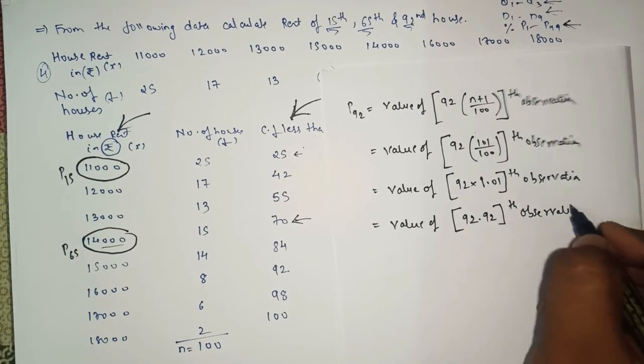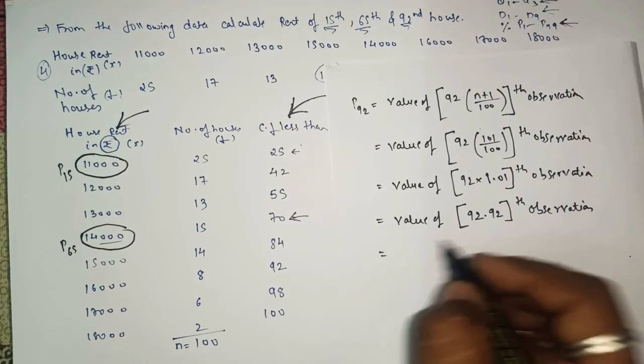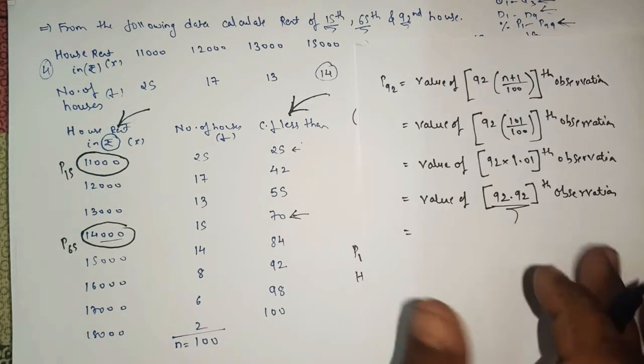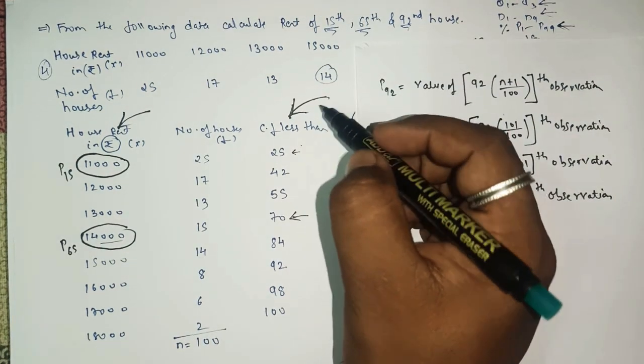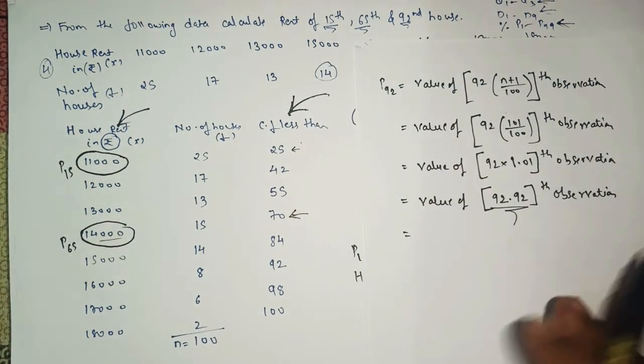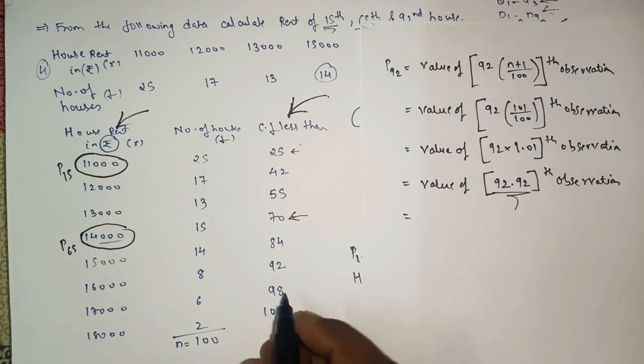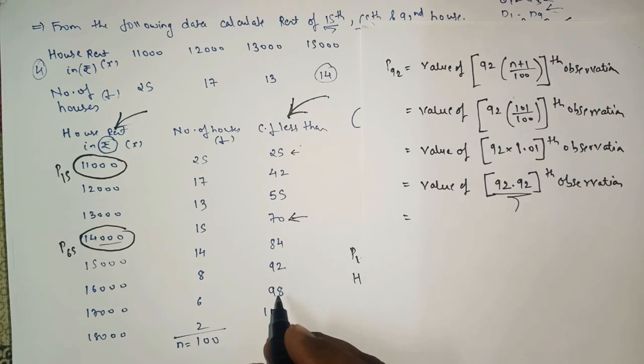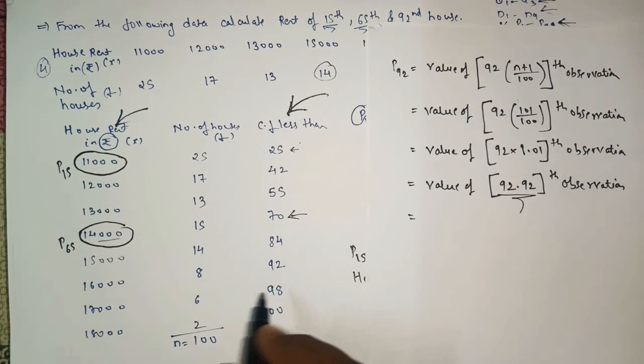Okay, again the same, we'll check where 92.92 lies, just by referring to the cumulative frequency column. Here it is still 92. So from 93 to 98 it will lie in this row, yes or no?